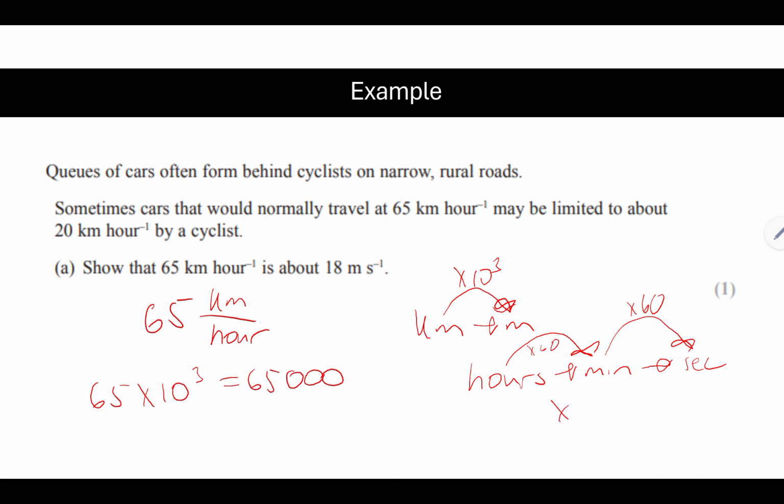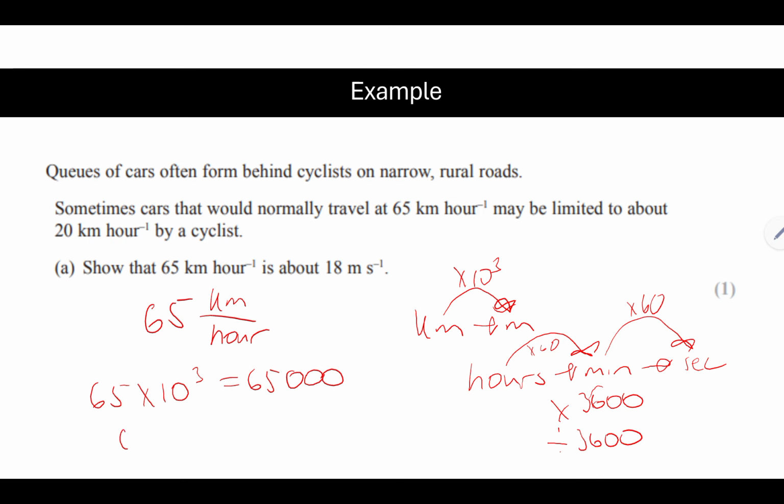So altogether, we times it by 3600. But however, we see that the hour is in the denominator, and it's also in the power of minus 1. So due to the fact that if anything is in a minus power, we need to do the opposite regardless. So instead of timesing it by 3600, we divide it by 3600.